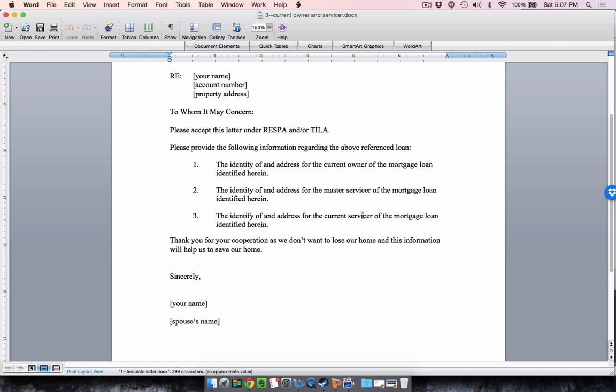So I've seen situations where you're dealing with Bank of America, and then you get a letter from some other company saying, we're now the servicer. But the truth of the matter is Bank of America is still back there calling the shots. So this is what you want to know. We don't want to lose our home. This information will help us.